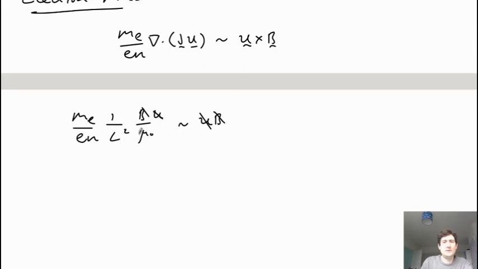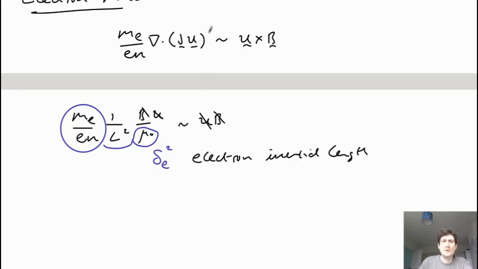All of this stuff combined with this bit here is just the electron inertial length. So it's just delta_e squared, where this is the electron inertial length. And so this is important when the electron inertial length squared over the length squared is roughly 1.